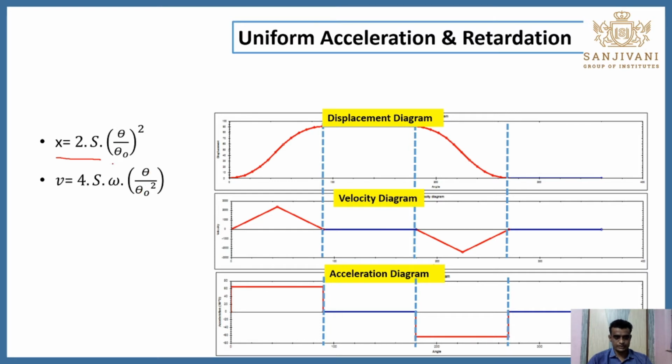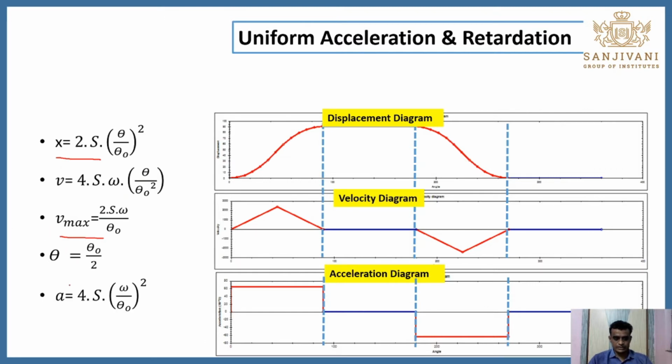The derivative of theta is omega. This is the equation of Vmax, the maximum velocity. We get the maximum velocity when theta is equal to theta o by 2.